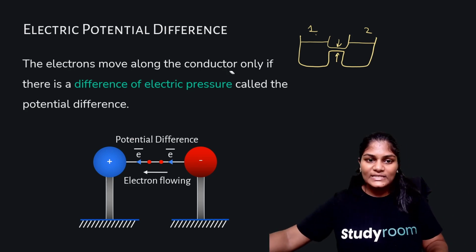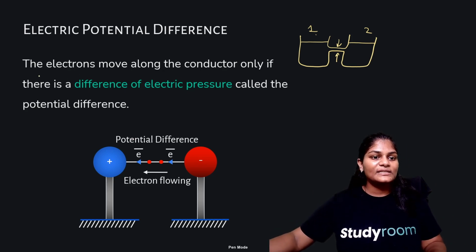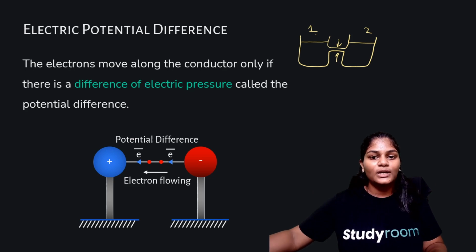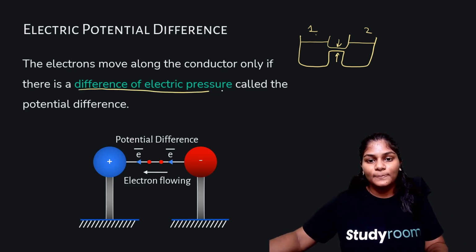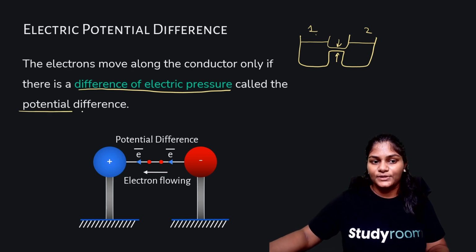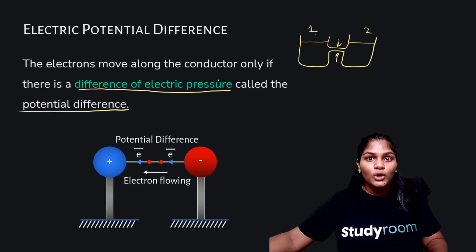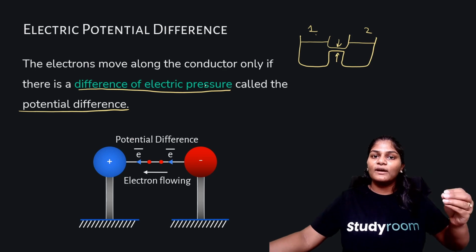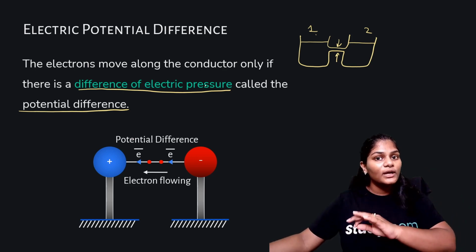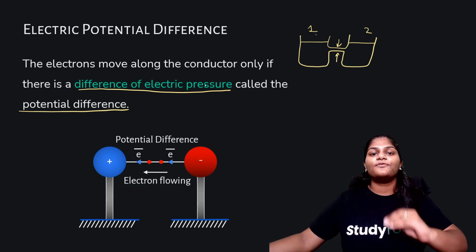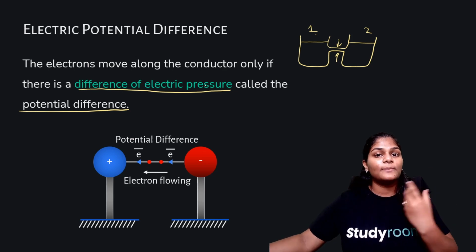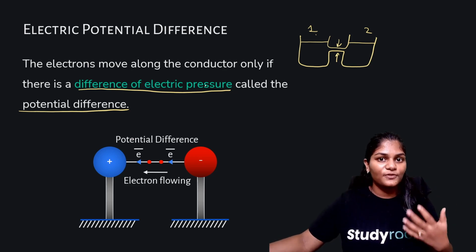So now let's read in your PPT. It says that the electrons move along the conductor only if there is a difference of electric pressure called the potential difference. Current only flows from one point in the circuit to another point if there is a difference in electric pressure, or a potential difference, between the two points.